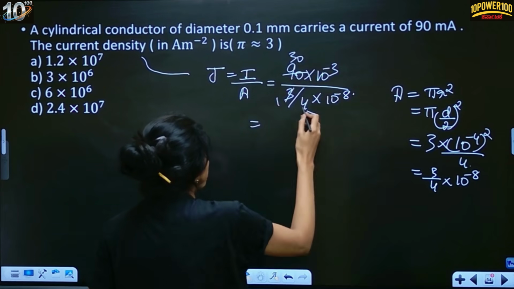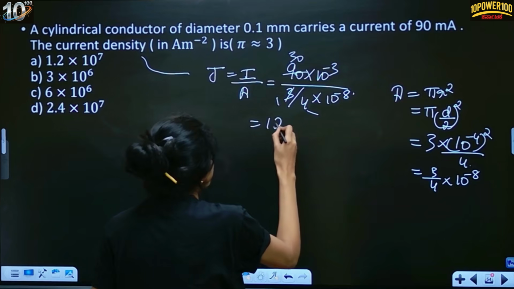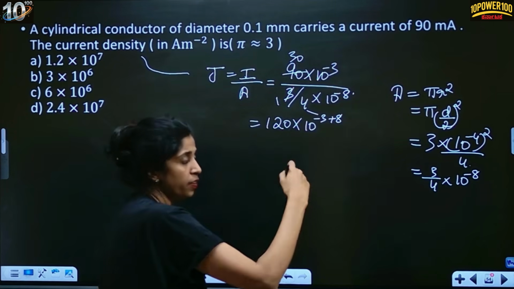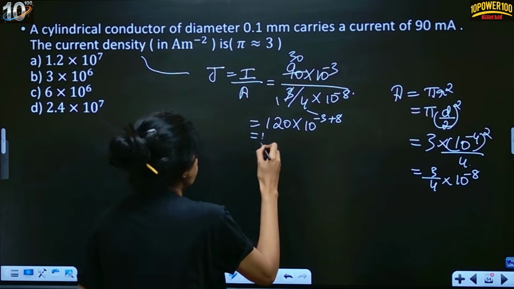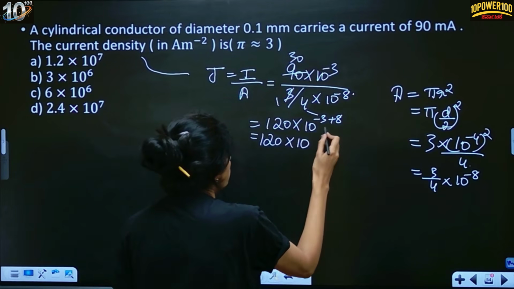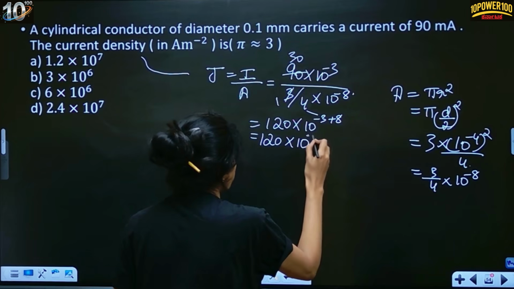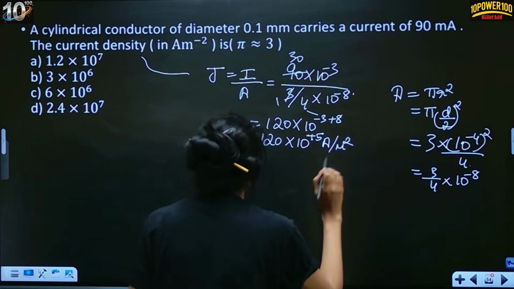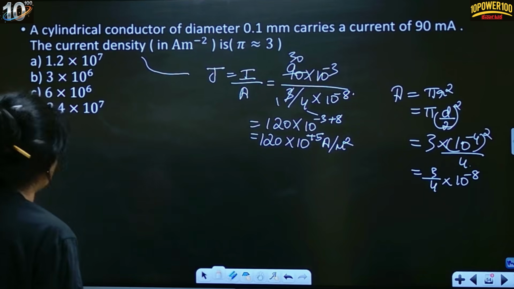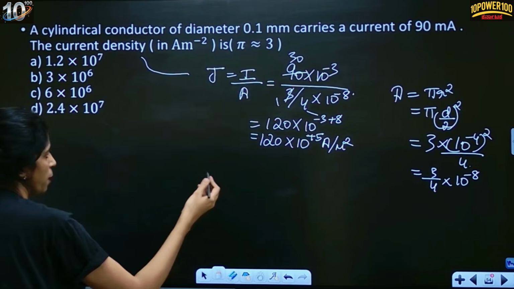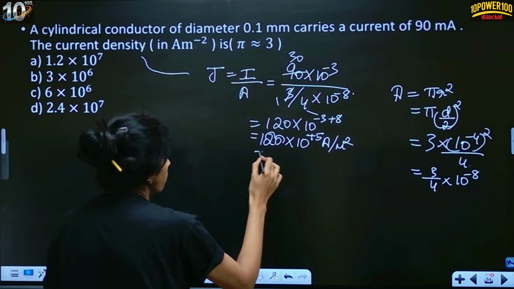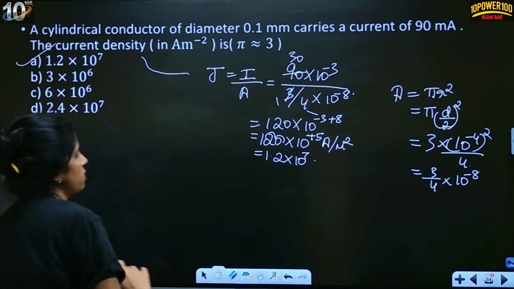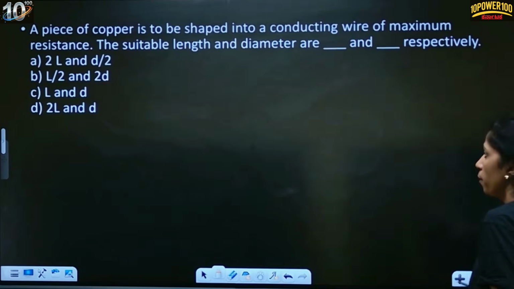How much? 4 into 30 is 120 into 10 power minus 3 plus 8. With 10 power minus 8 going up, plus 8, you will get 120 into 10 power plus 5. Current density is in ampere per meter square. Do we have that option? We have 1.2 into 10 power plus 7. If you reduce it to 1.2, you will get 10 power 7. So option A is the correct answer. Direct formula, guys.